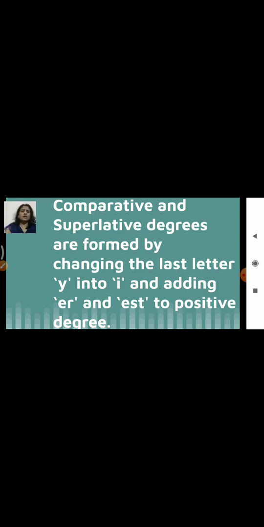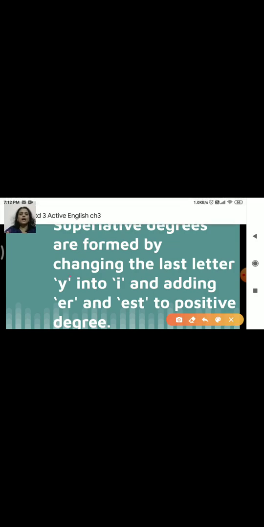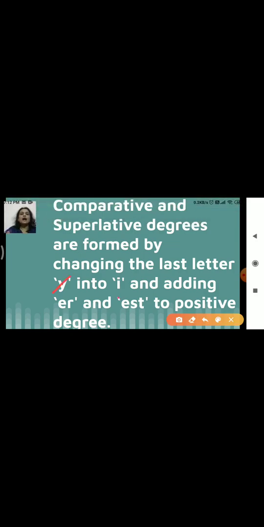Now there are many words which end with the letter Y. When these types of words are there, what do we do? We change the last letter, that is Y, into I, and we add ER and EST to the positive degree.